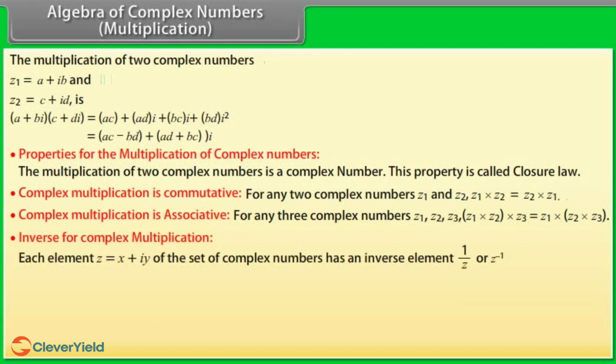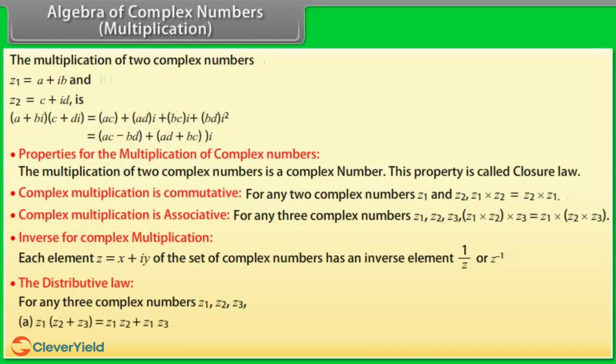Each element z is equal to x plus iota y of the set of complex numbers has an inverse element 1 by z or inverse of z. The distributive law. For any three complex numbers z1, z2, z3, z1 into z2 plus z3 is equal to z1 into z2 plus z1 into z3. z1 plus z2 into z3 is equal to z1 into z3 plus z2 into z3.